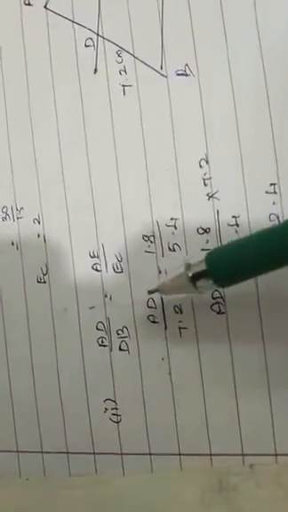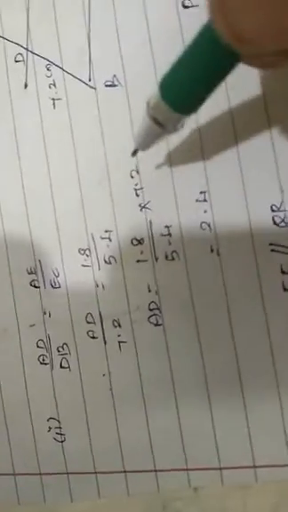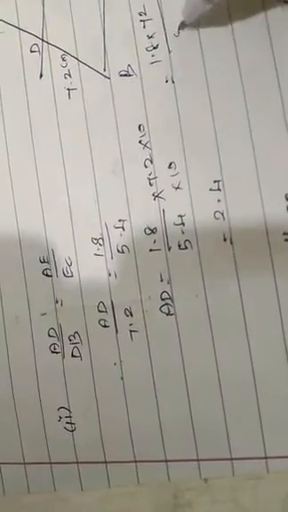Substitute the values. AD we need to find; using cross multiplication, AD equal to 1.8 divided by 5.4 into 7.2. Here all are decimal values, so multiply by 10 in numerator and denominator: 1.8 into 72 divided by 54.